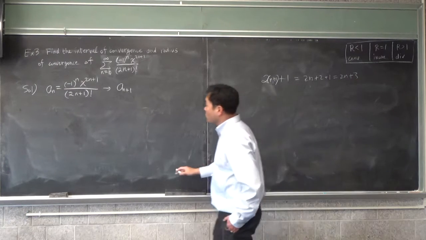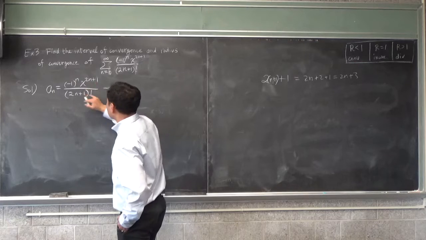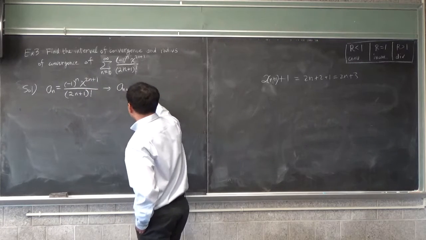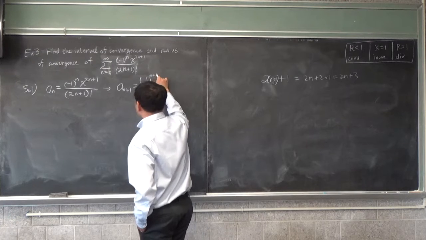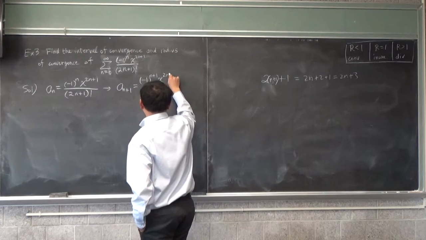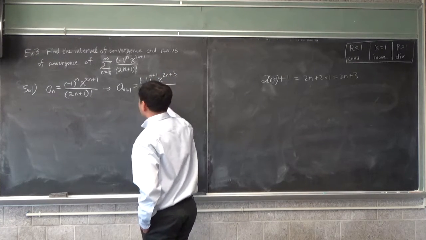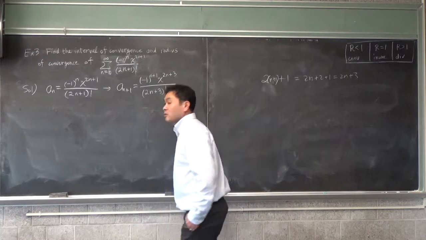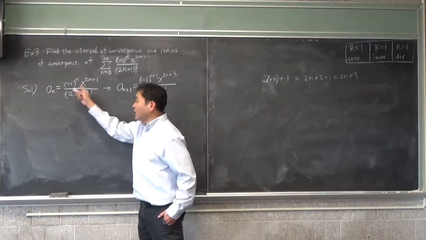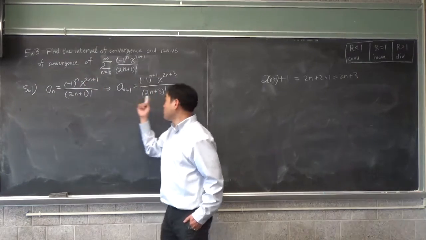So I'm just going to replace the 2n plus 1 by 2n plus 3. And here's what you get: negative 1 to the n plus 1, x to the 2n plus 3, over 2n plus 3 factorial. If you replace all the n by n plus 1 and simplify, this is what you get.